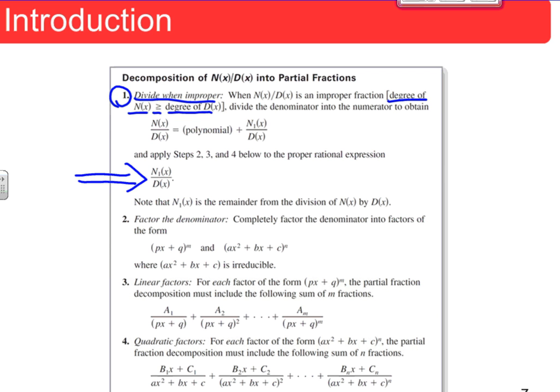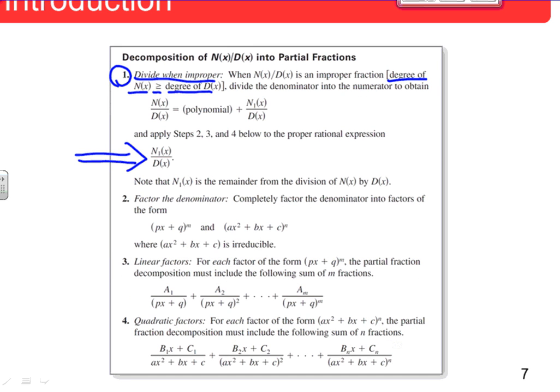And now once it's this way, then you're going to go through this system of things. When you read this, it's a lot to take in, but in practice, if we just do a couple, it'll work its way out. The big thing to remember is that the next step is to factor the denominator, which you could have guessed from the last one. Then you set up linear factors.